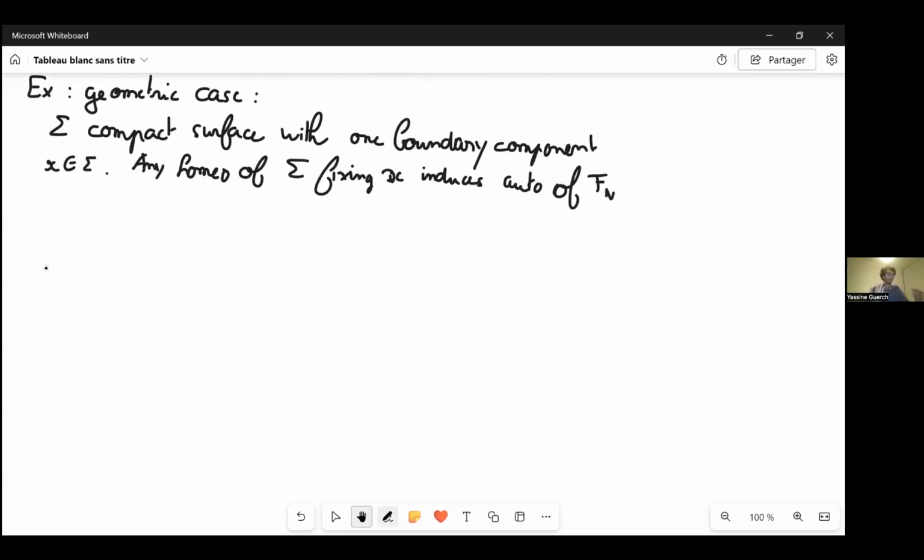And the construction was already known from work of Thurston.